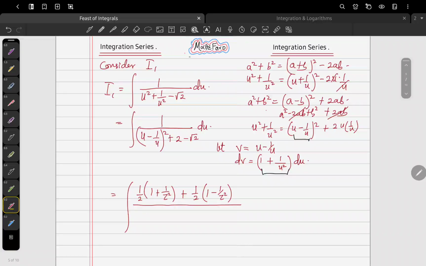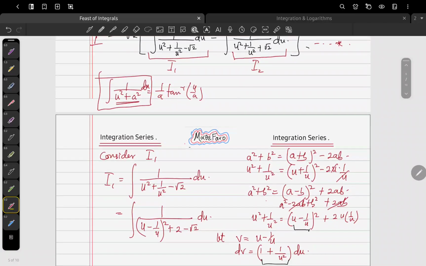Then the denominator remains the same, du. Then in the denominator, (u minus 1 over u) squared plus this here, which I can write as (square root of 2) minus square root of 2 squared, to be able to match what we need to do here.